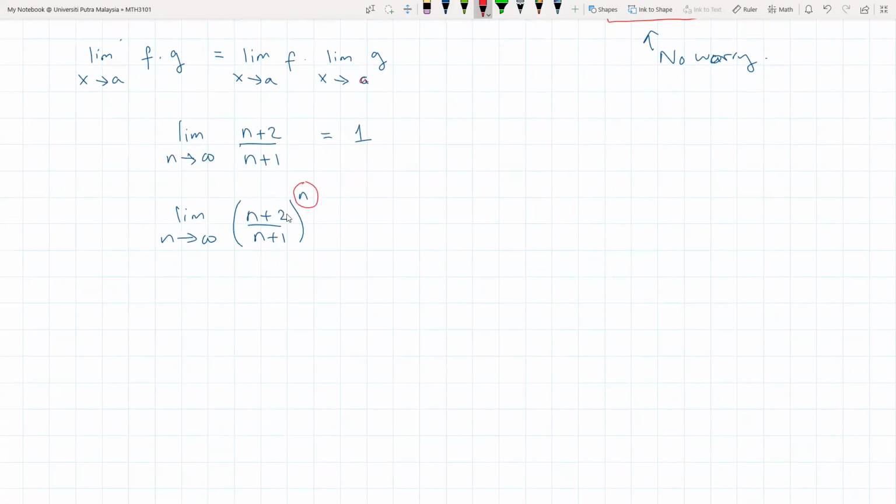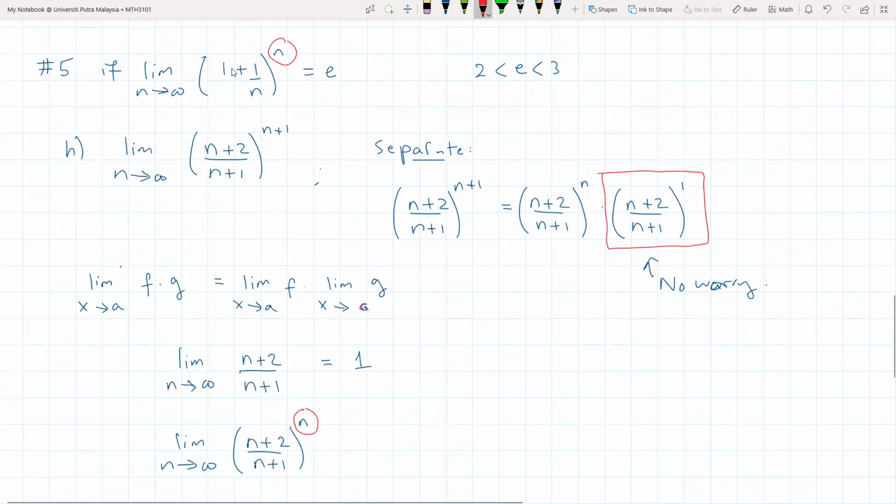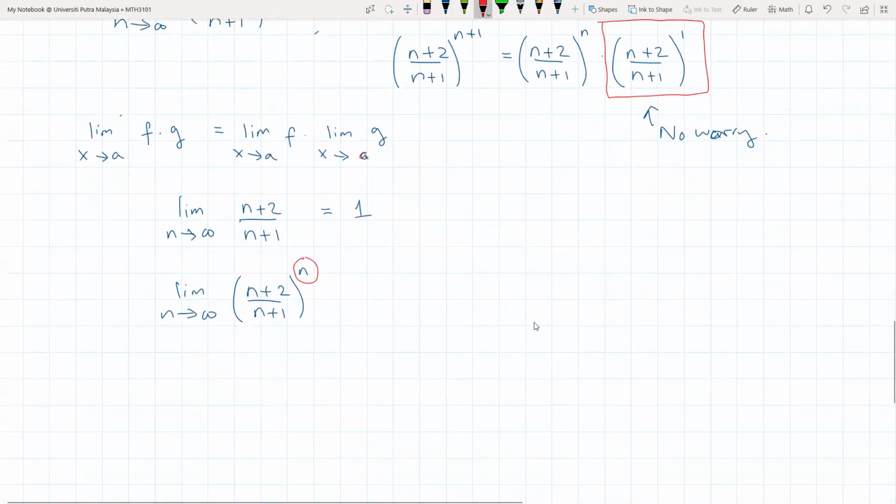But the problem now is that this one is 1 over n, but that one is n plus 1. So if I separate this using partial fractions, I can say that this is just equal to the limit as n goes to infinity of (1 plus 1 over n plus 1).